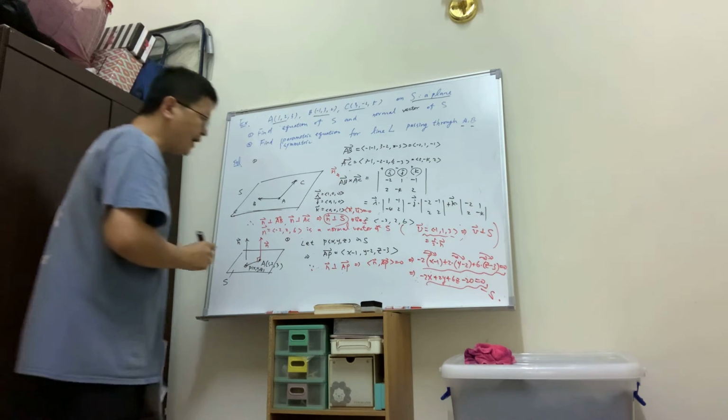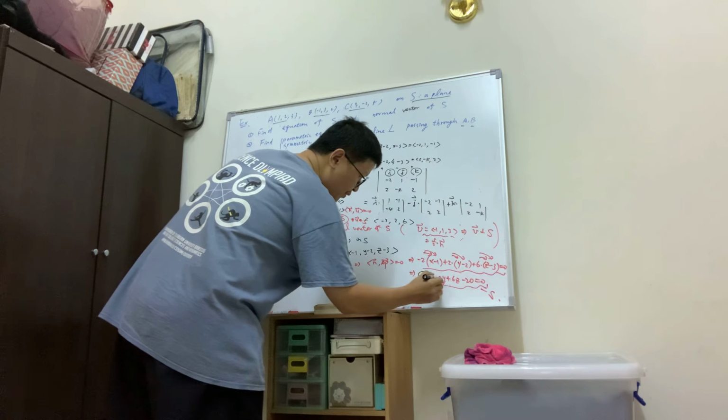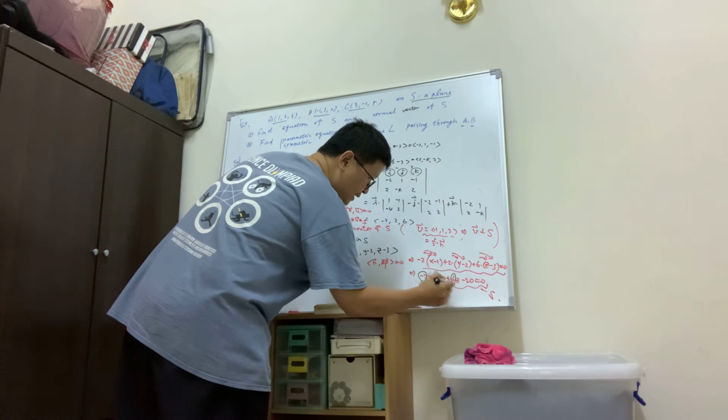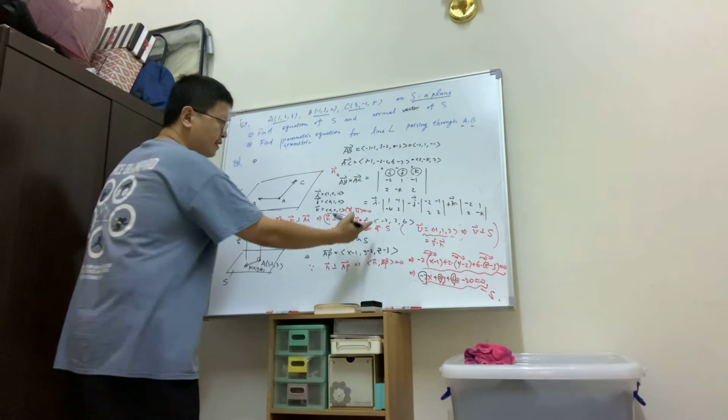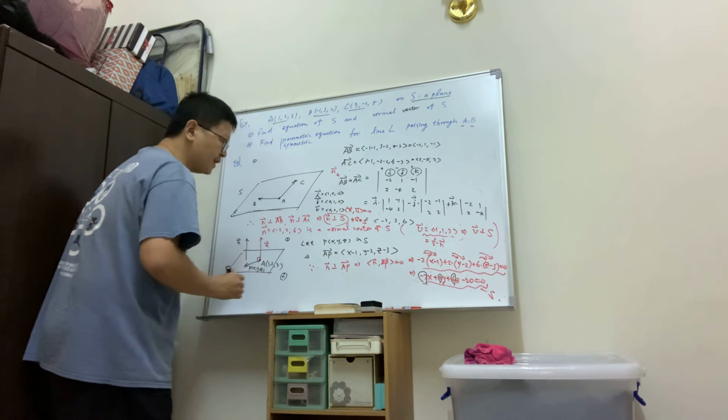But as we say, for this plane, if you check it, you will see the coefficients of x, y, z are exactly the normal vector, negative 2, 2, 6. So actually, there is a second way to solve it.